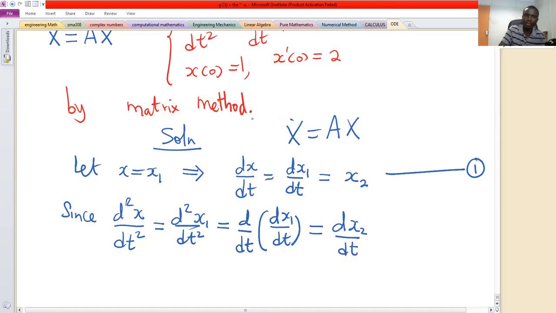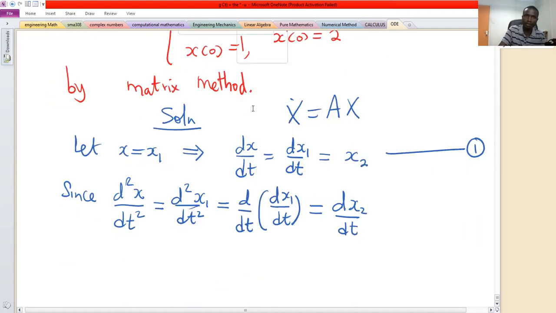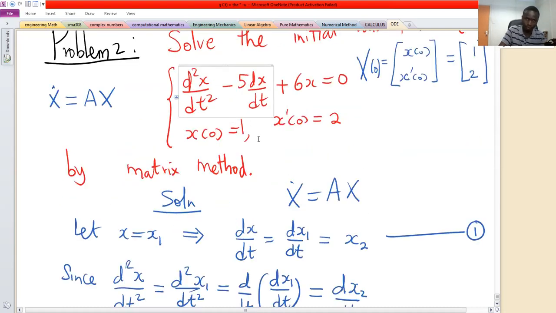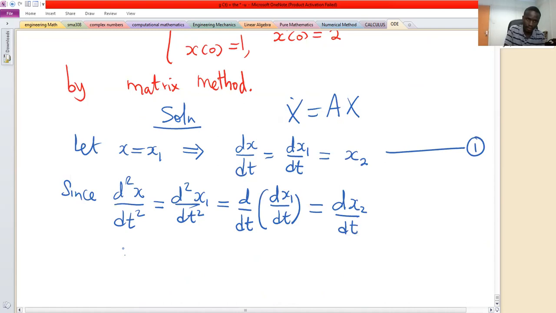So from the differential equation given, we make this one the subject. d squared x dt squared is given by 5 dx dt minus 6x.